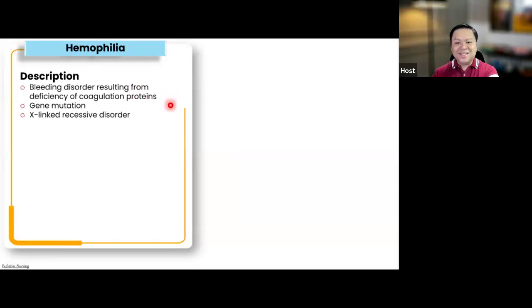Please take note that when a condition is an X-linked recessive disorder, it simply means that the carriers are mostly females, and they can pass the defect to the male offspring.